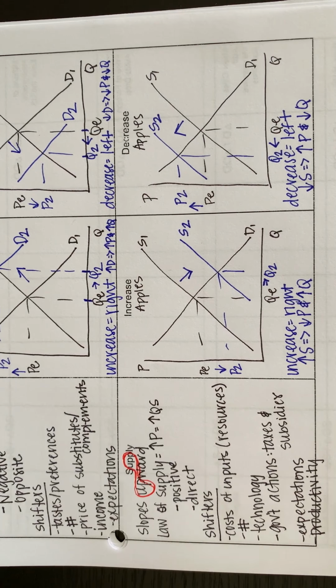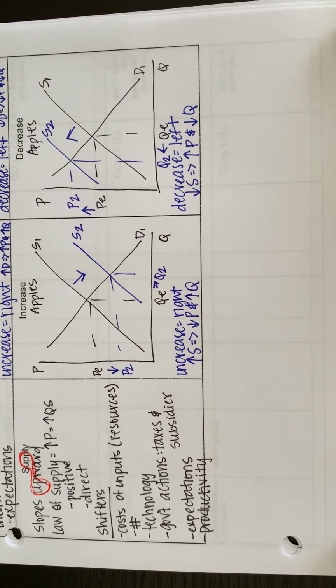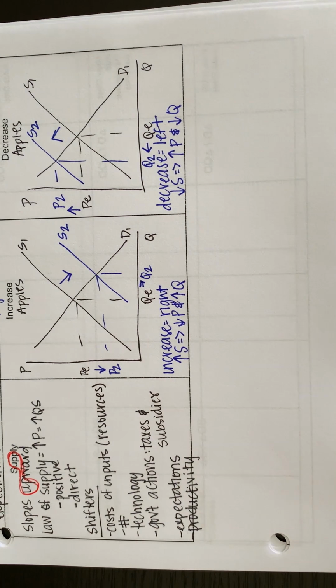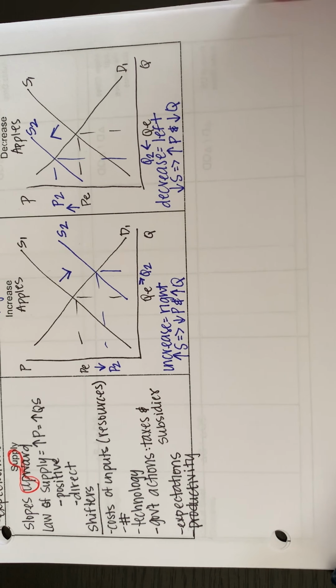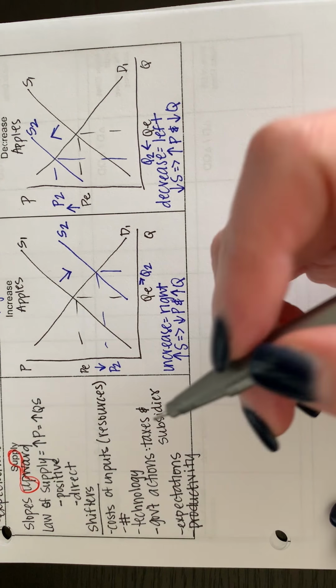Okay. So some key things to remember here. We have to be careful of what a scenario is asking us about and asking us for. So we can either have an entire shift of the curve like we did up above, or we can have a movement along the curve.